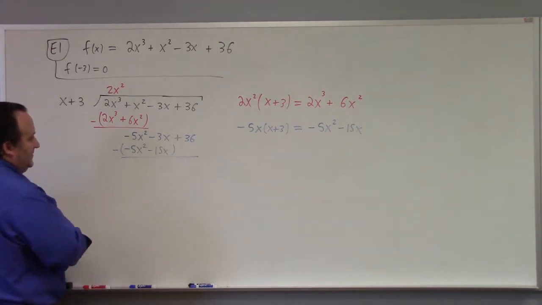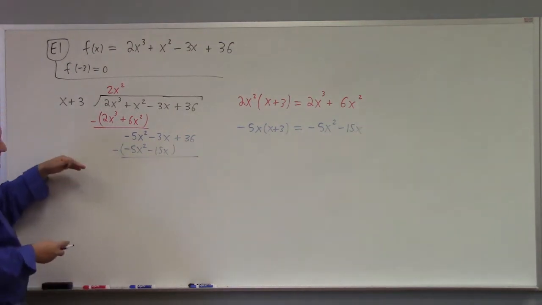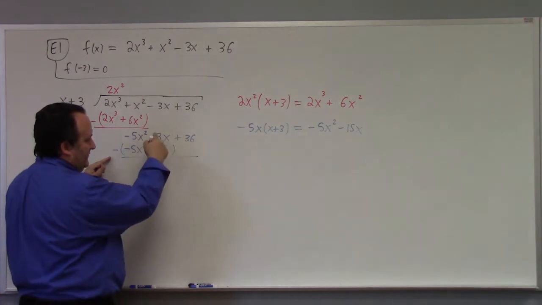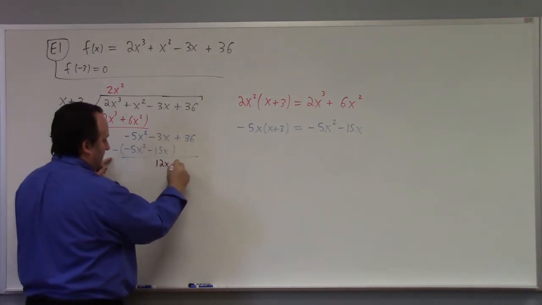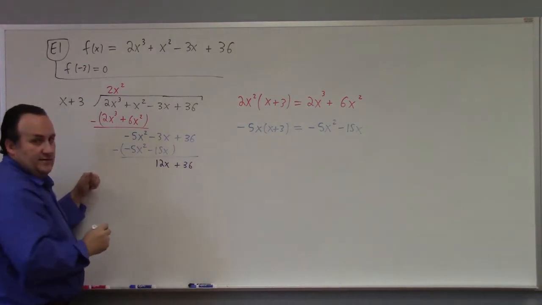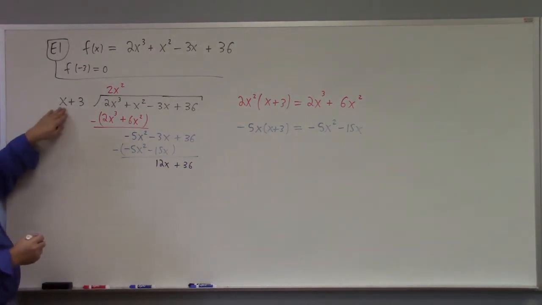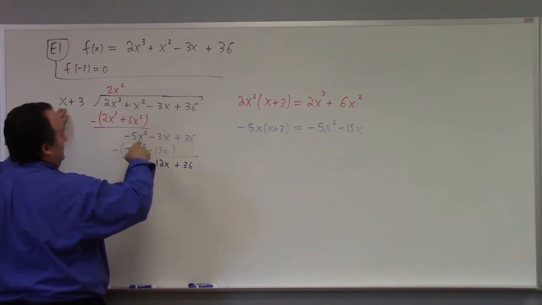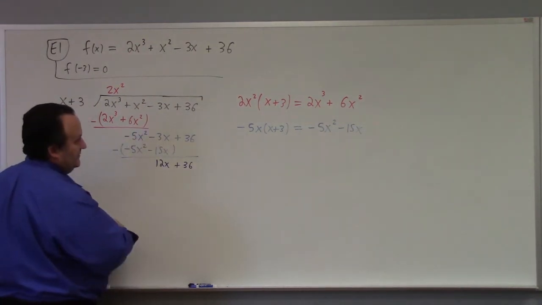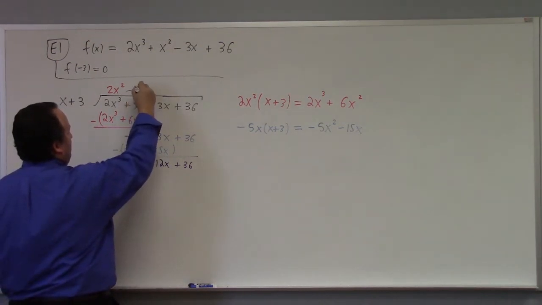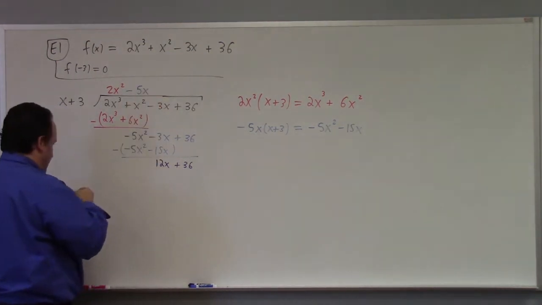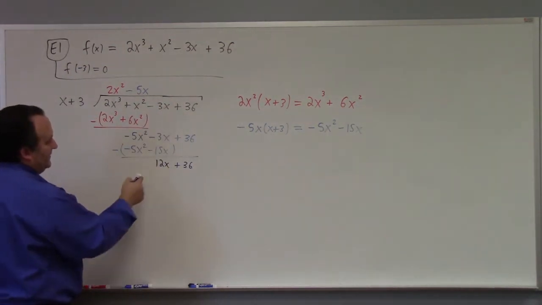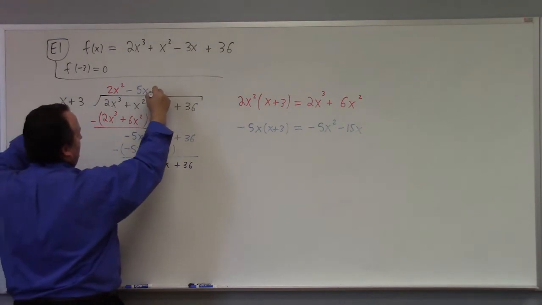Then that gives me, of course, the minus 5x squared cancels, and we're left with minus 3x minus a minus 15x, which is 15 minus 3, which is 12x plus 36. Then the question is, how do I get 12x from this? Well, oh man, I neglected to write the 5x. My bad. Goodness gracious. This is what happens when I have no students in the room. So you guys keep me honest. So I had that minus 5x goes there. Now to get to 12x, I need plus 12.